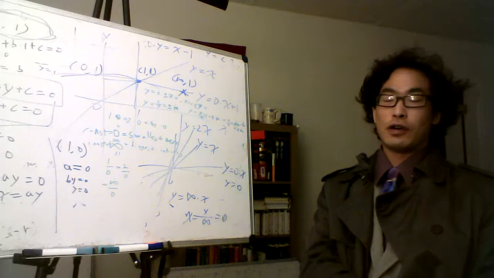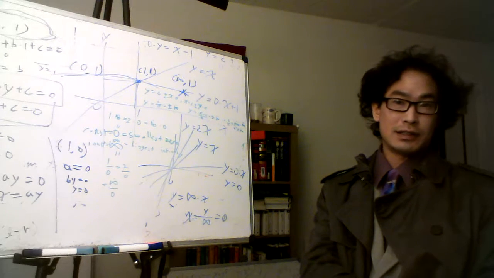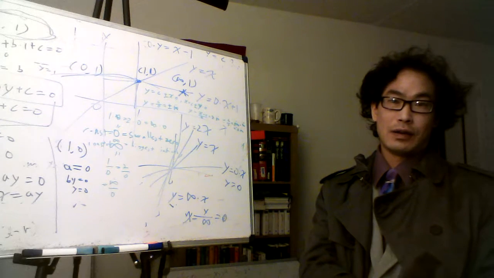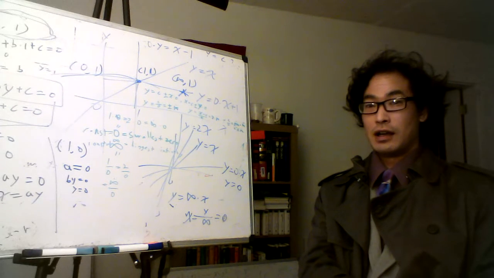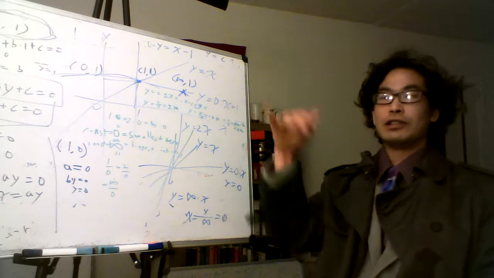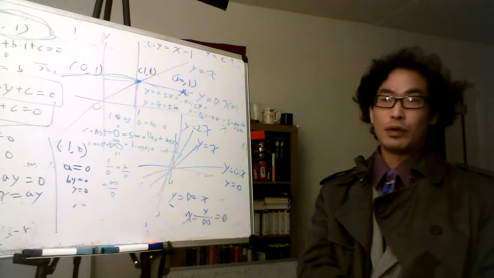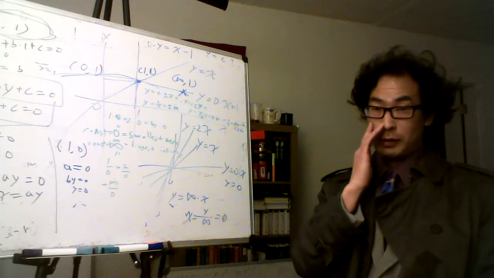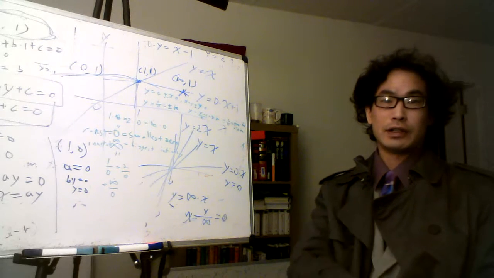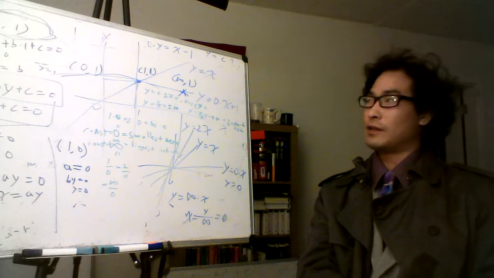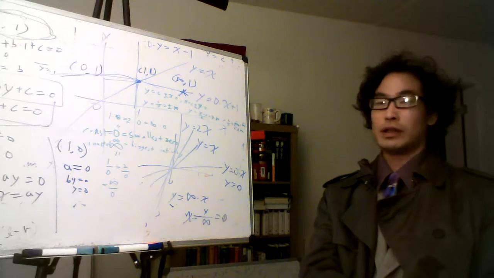So the exponential function always wins. It always defeats higher degree polynomials, because by L'Hopital's rule, if you differentiate polynomials again and again, they become zero eventually.